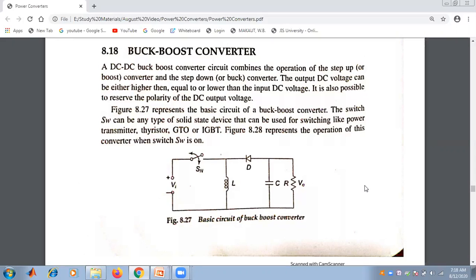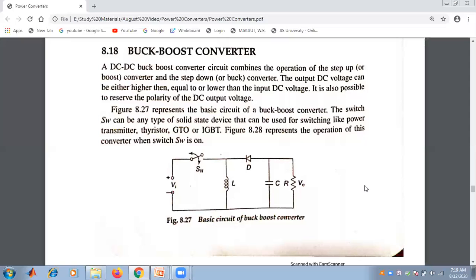From the name, it is clear that it is a combination of stepping up, that is the boost, and stepping down, that is the buck converter. The output DC voltage can be either higher than, equal to, or lower than the DC input voltage.